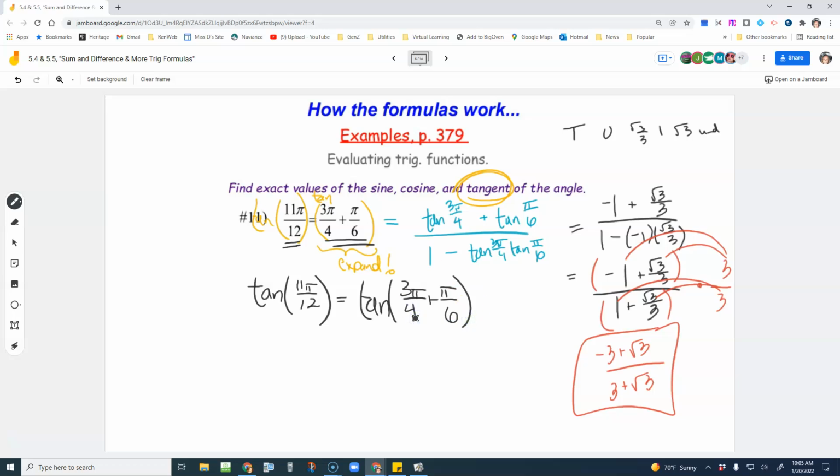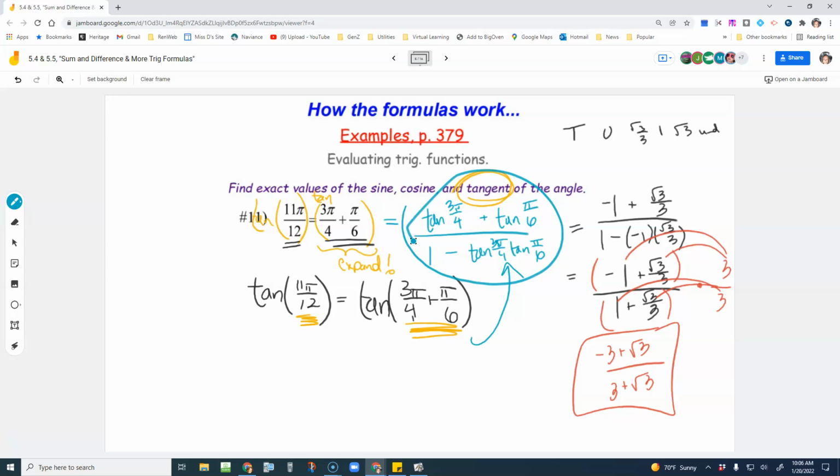You can't distribute. Instead, the only way to legally do an exact answer for something not in the unit circle, if it can be rewritten in terms of angles that are in the unit circle, is to know the sum and difference formula of tangent. That is the only legal way forward, because tangent does not distribute. And that is why we went and got that formula, and that's why we did all this work.